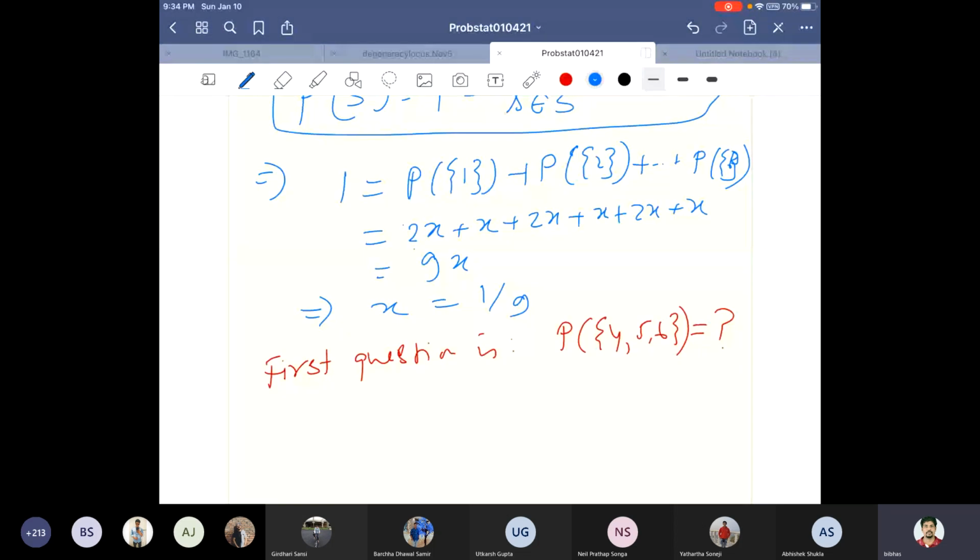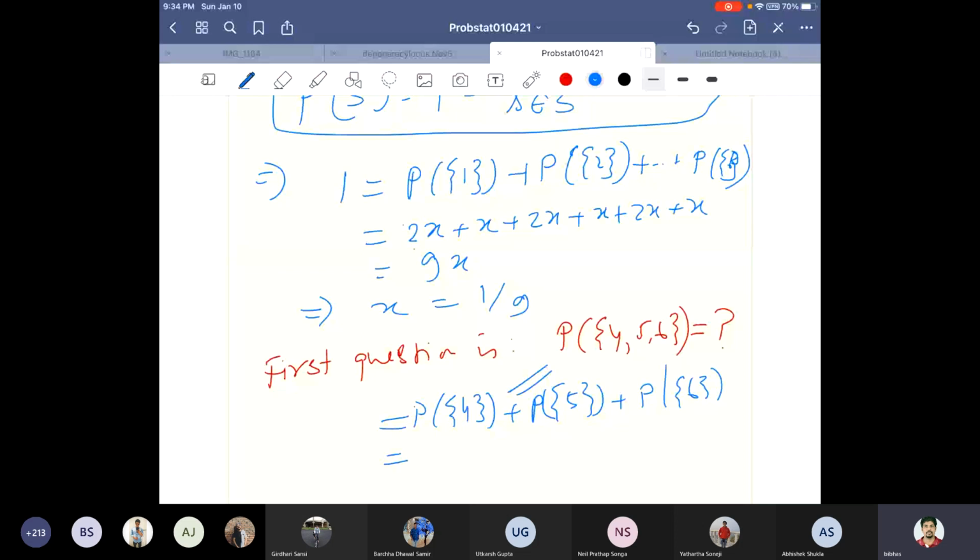Then how do you answer this question? Again, use the property. This will be equal to the probability of 4, not union, but the sum, plus the probability of 5 plus the probability of 6.